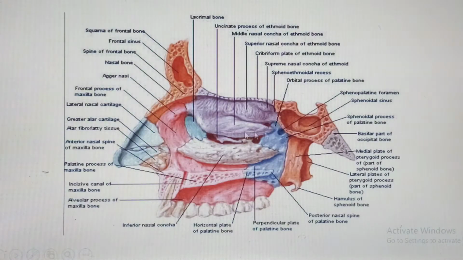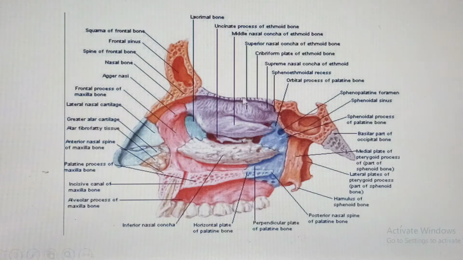Now, when I look at the lateral wall of the nasal cavity, the bones over there still contribute. On the lateral wall, we have these bones. This is the sphenoid bone, with the sphenoidal air sinus over here, and anterior to it, I'm going to have the ethmoid.